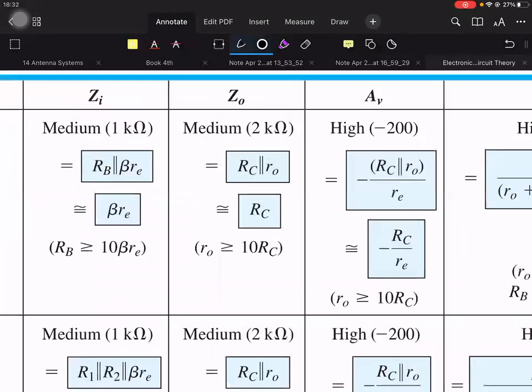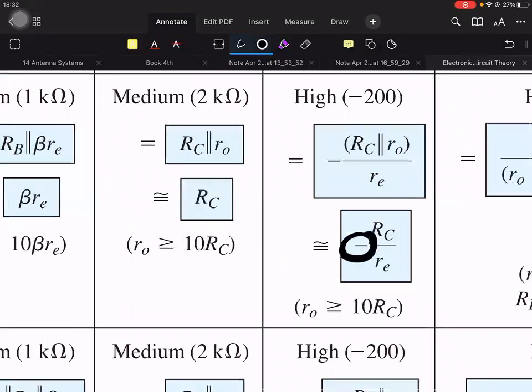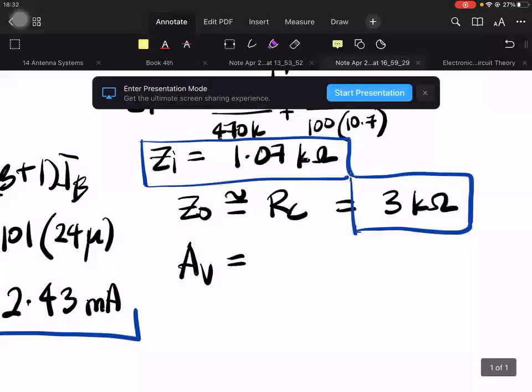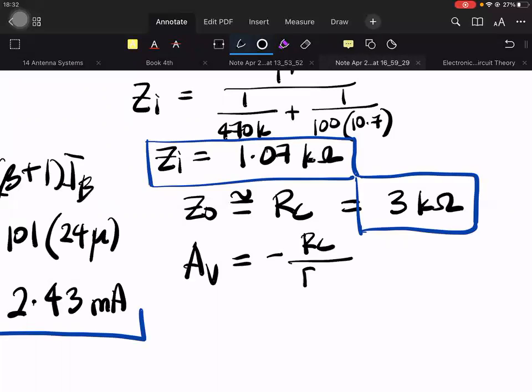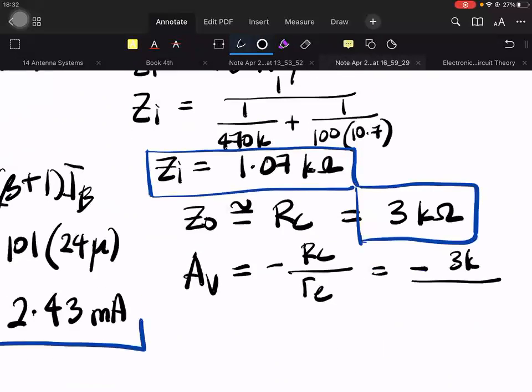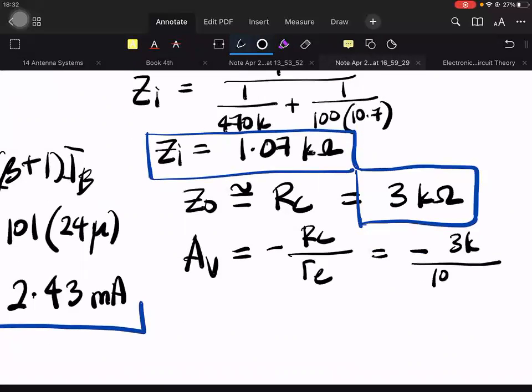So don't forget the negative sign, class. Capital RC over small re: negative 3K over, what is RE? 10.7 ohms.